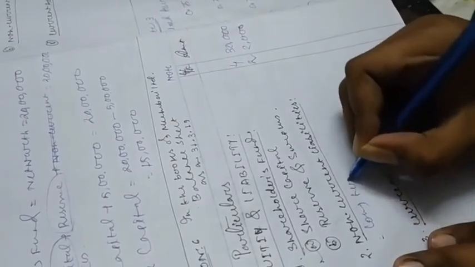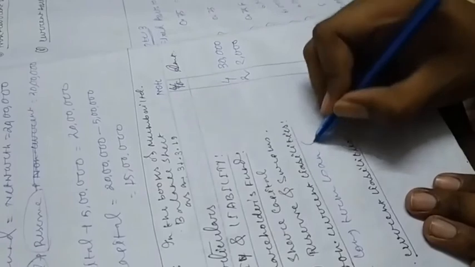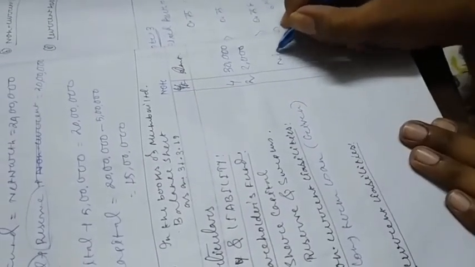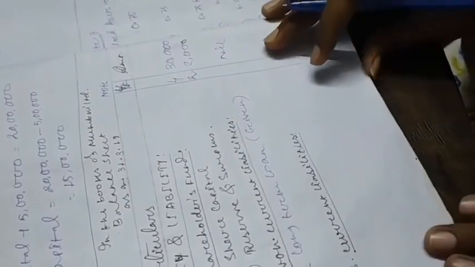Long-term loan, actually why am I writing that? It's already given as nil. Such an idiot I am.